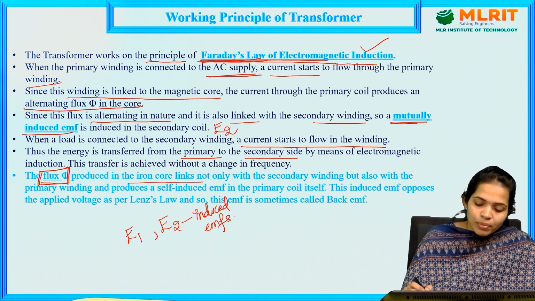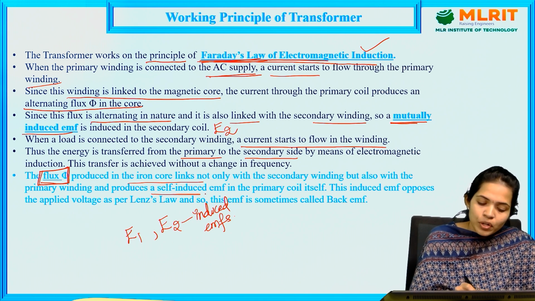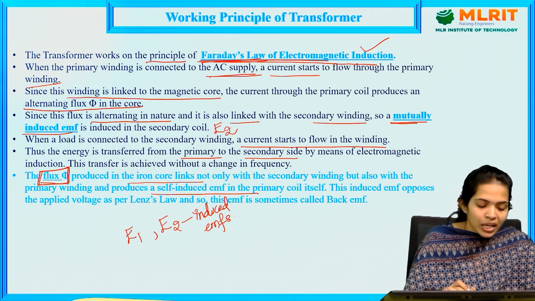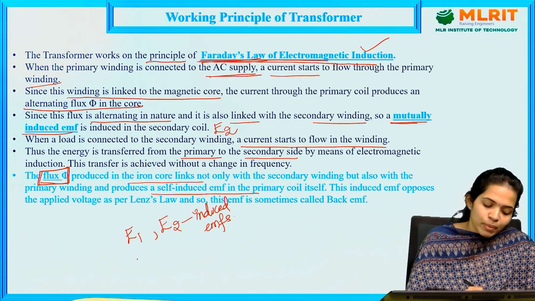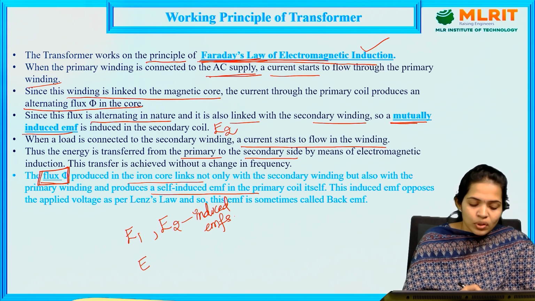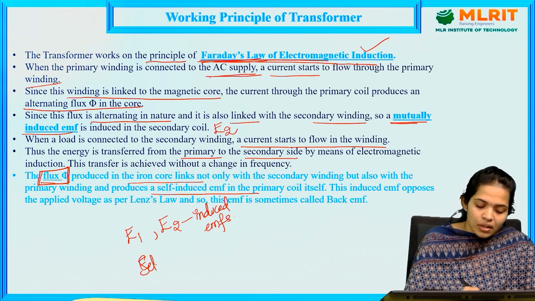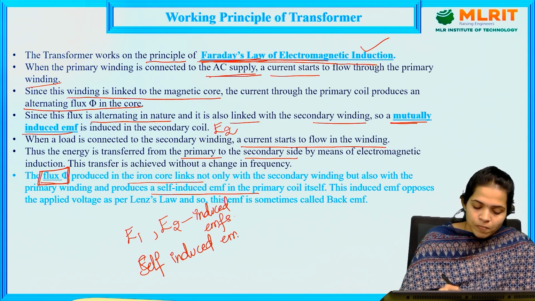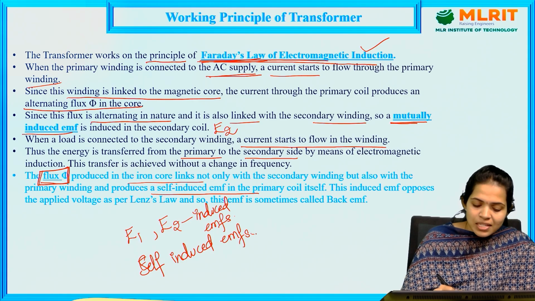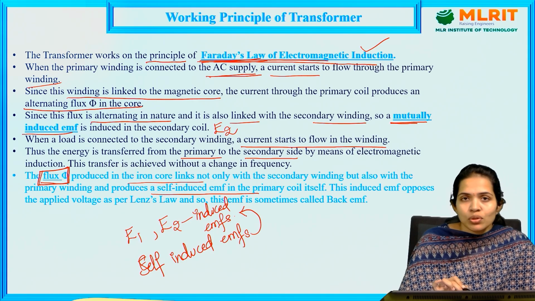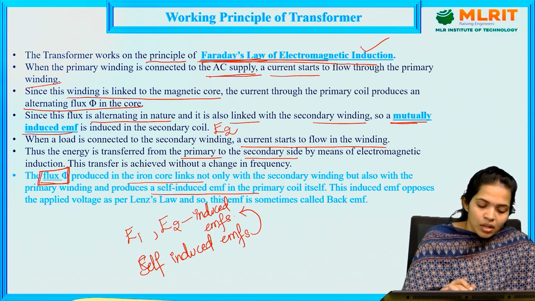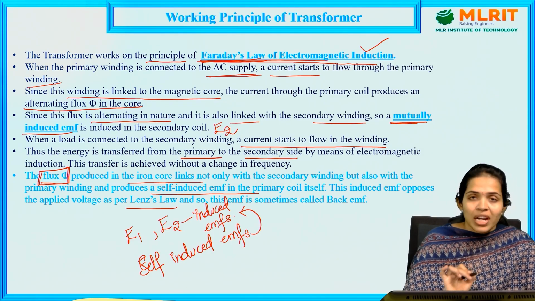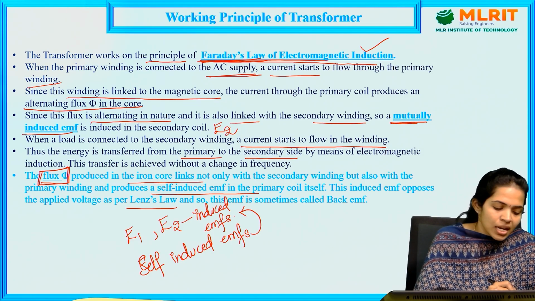So apart from this, there will be a self-induced EMF because of the currents which are flowing in the respective windings individually. So those EMFs are nothing but called self-induced EMFs. These self-induced EMFs will oppose the mutually induced EMFs based upon Lenz's law. So Lenz's law basically states that the effect opposes the cause.